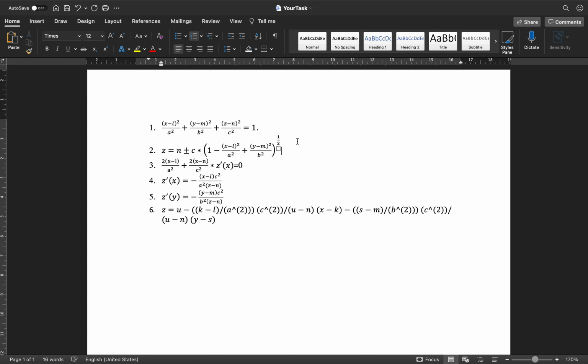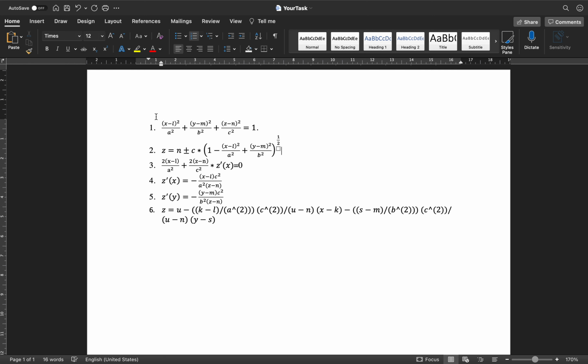So how are we going to do it? We will use implicit differentiation, and we get this formula. From here we find the derivative of z with respect to x, and it's equal to this equation.